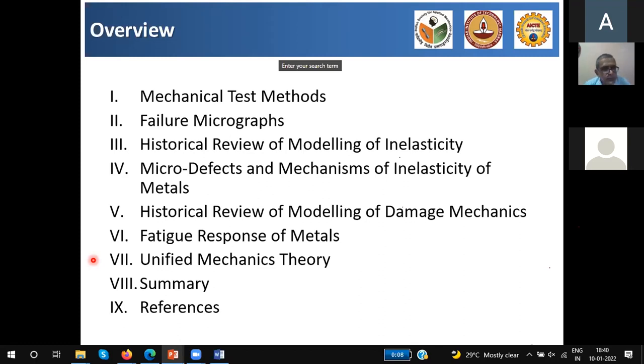Then we'll look into micro defects and mechanisms that are responsible for these inelastic deformations. We'll look into some history of damage and also look into some fatigue response of metals. Then I will give you a brief touch of unified mechanics theory, about which Professor Chamal will be developing much more elaborately, and give you a small summary within this 1 hour that we have here.